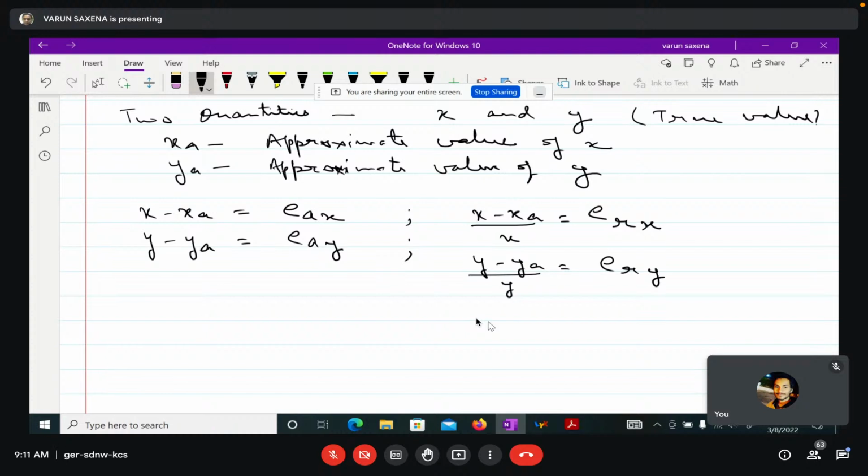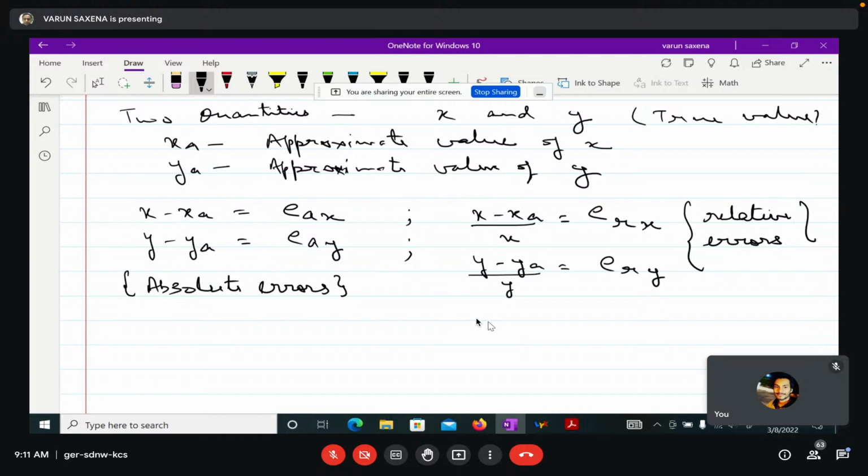So these are like absolute errors, and these are relative errors.